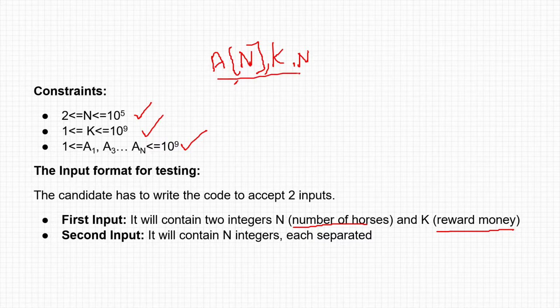Primarily 3 inputs in this section. So here they are saying the first input should be n and k, each separated, in the same line, the number of horses and the maximum amount that Bob is going to bet.